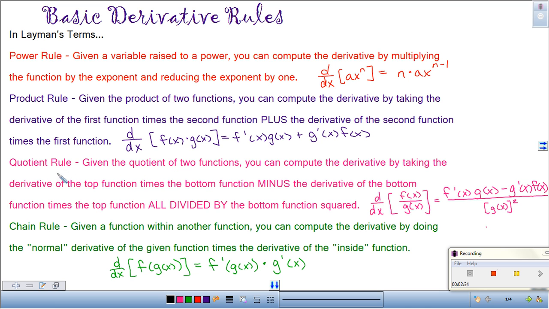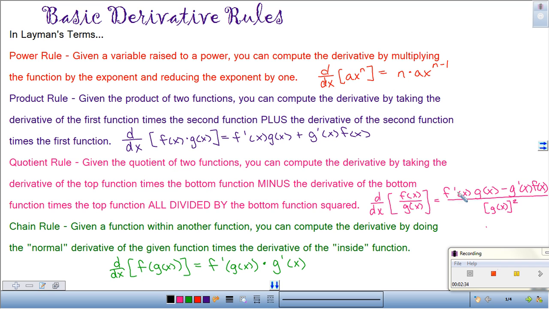The quotient rule is for if you're taking the derivative of the quotient of two functions, f of x divided by g of x. Here's how it works. Given the quotient of two functions, you can compute the derivative by taking the derivative of the top function times the bottom function, sound familiar, minus the derivative of the bottom function times the top function, all divided by the bottom function squared.